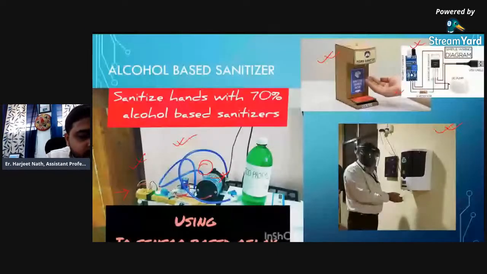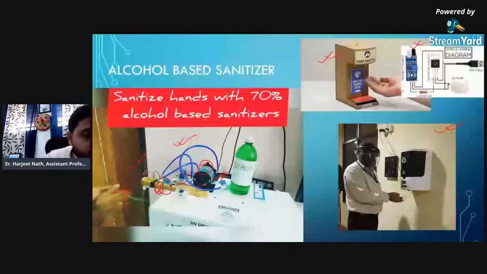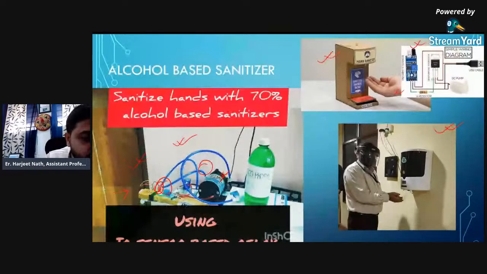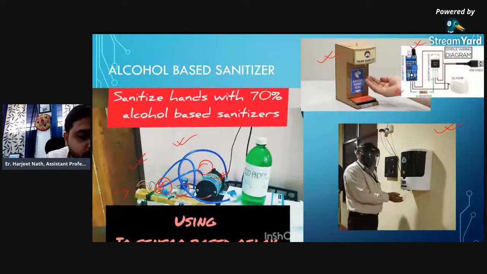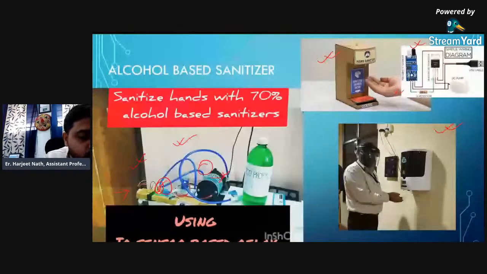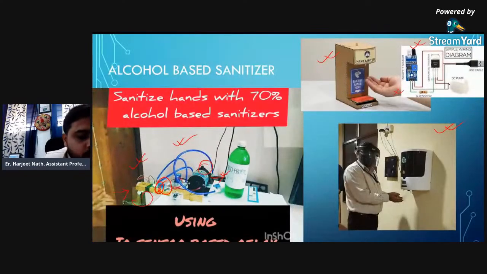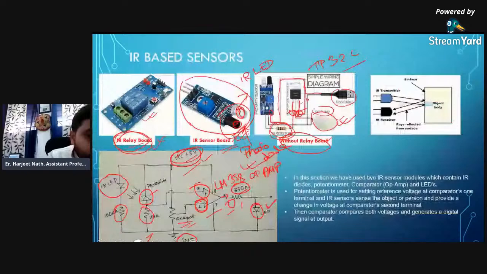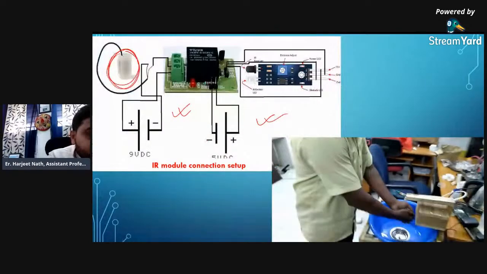Using this relay board, I was using a pump which was operated at 24 volts, and whenever it detects a hand in front of it, it triggers some action, and this motor is activated, and whenever this motor is on, it takes the alcohol from this bottle and dispenses it out from this. So this used a relay board, but if you do not have a relay board, you can use this kind of setup, with submersible pumps, which basically work on 5 volts DC power.